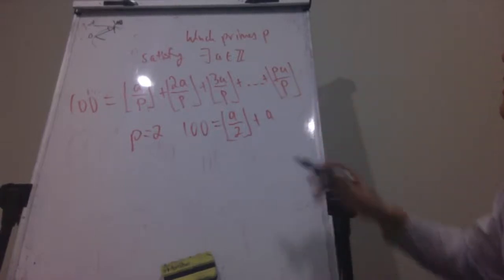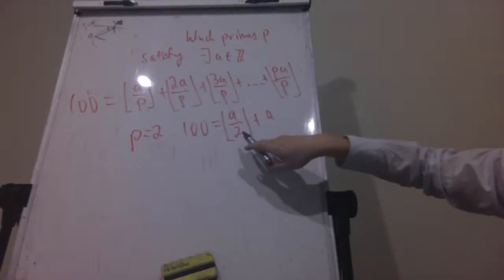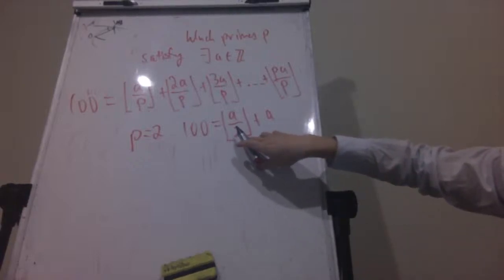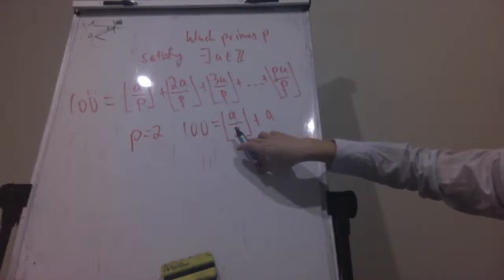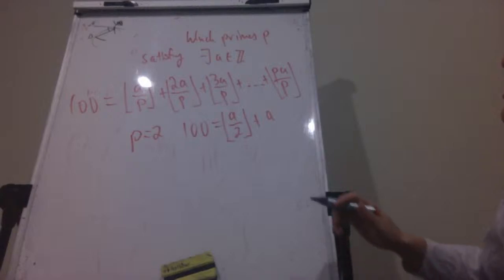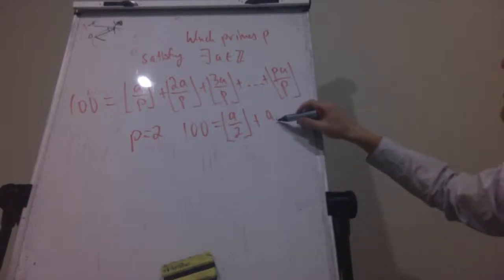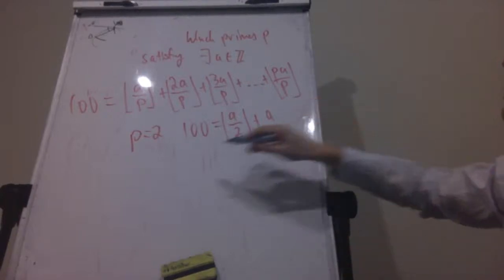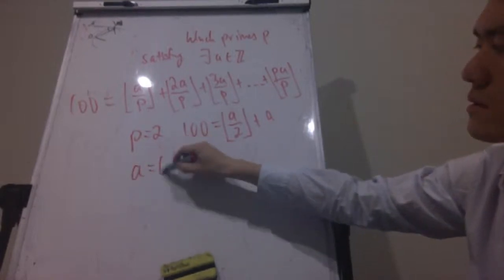And then basically you need a to be around 2/3 of 100. It doesn't need to be an integer. So let's say a equals 67.